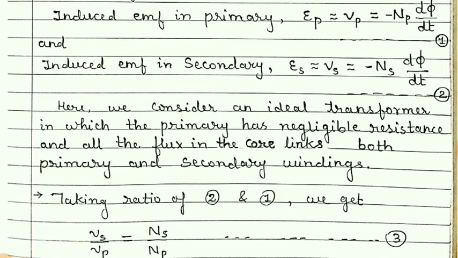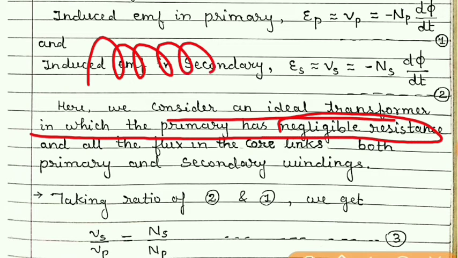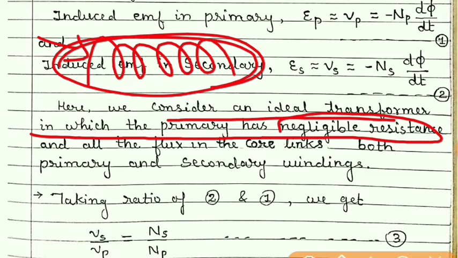Now here we consider an ideal transformer in which the primary has negligible resistance, because the winding of wire may have some resistance, but here the resistance of the wire which we have used can be neglected.